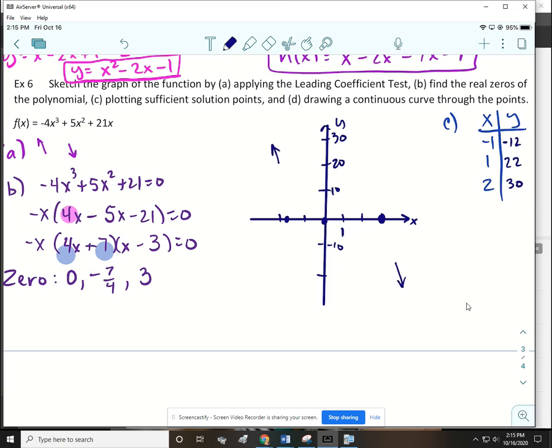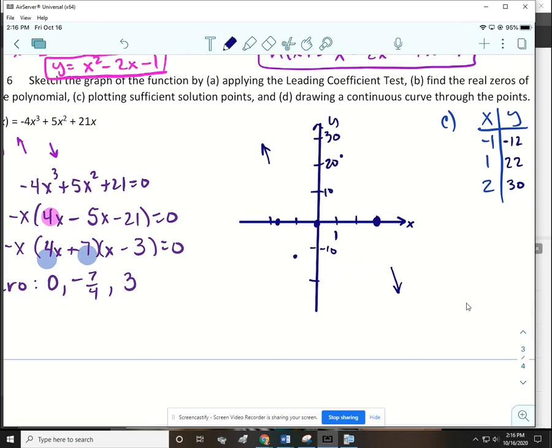All right, so I'm going to have a point at -1, -12, at 1, 22, and at 2, 30. Now, I don't know if 30 is the highest it goes. I haven't found the relative max. It's fine. We're just getting a little sketch. So we're going to go through the 0 there and then curve through those points.